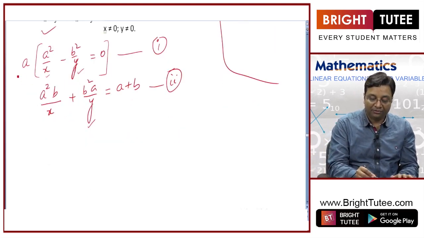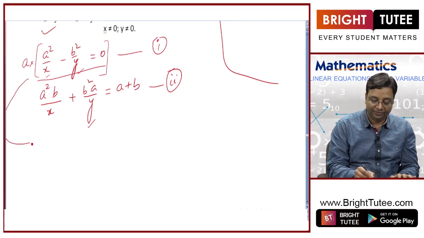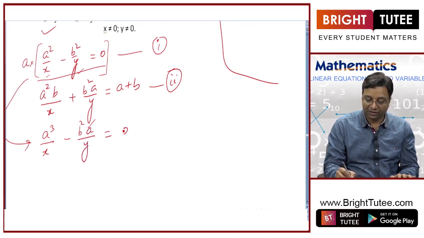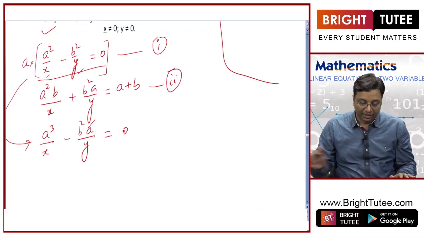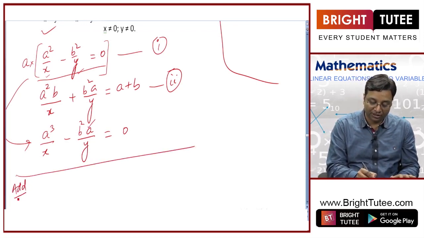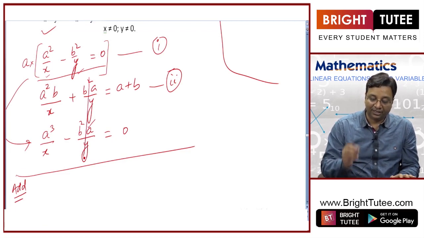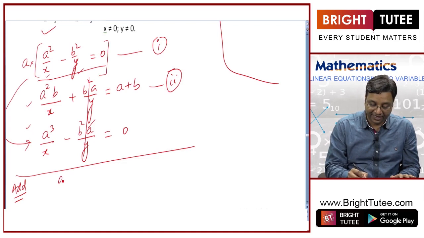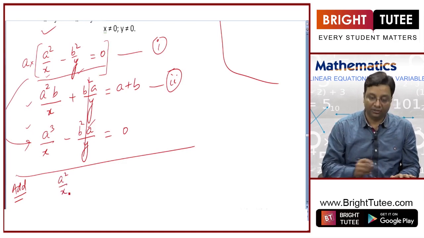So after multiplying by a in this equation, I will get a cubed by x minus b square a by y equals 0 into a, which is 0. Now it is very easy for me to solve. I will add these two equations and this term will cancel out, and I can take a square by x as common.